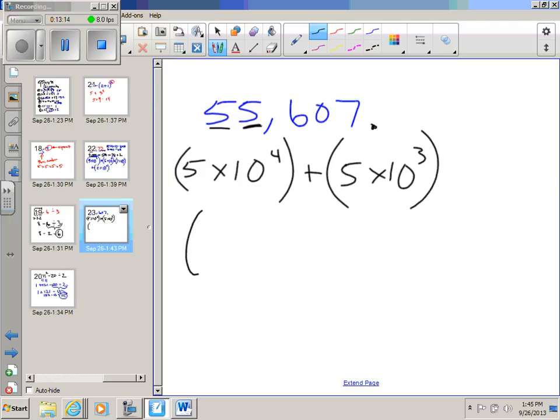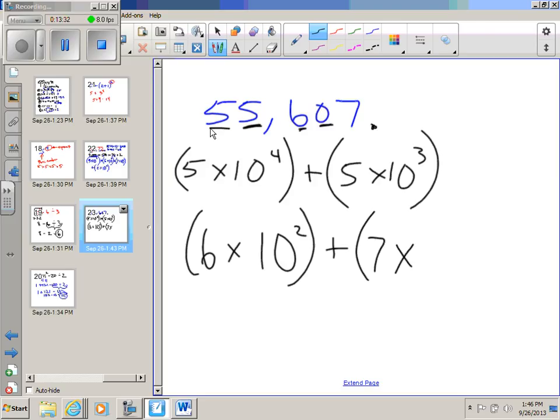The 6, how many places after it before you get to the decimal? 2. The 0, do I need to worry about the 0 at all? It's holding a place, but it's not an actual digit. So I can skip right over and go to the 7 as long as I remember to skip over 1 with my power. How many places come after this 7 before you get to the 0? 0.